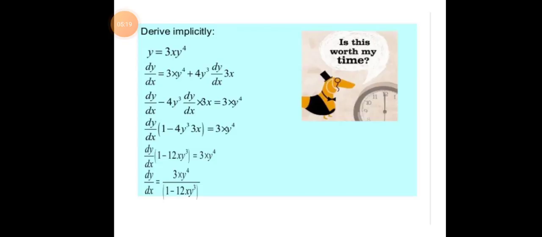Then 1 minus 12xy to the power of 3 equals 3y to the power of 4. Then dy divided by dx equals 3y to the power of 4 divided by 1 minus 12xy to the power of 3.